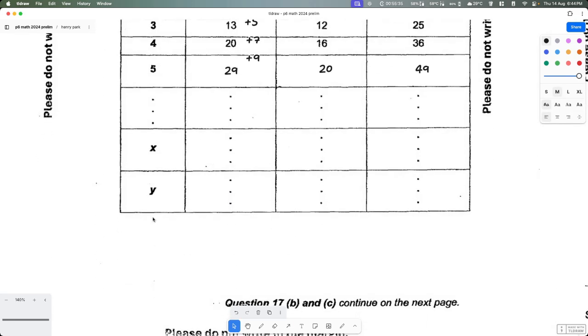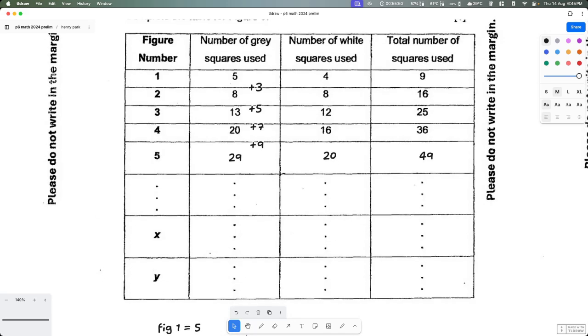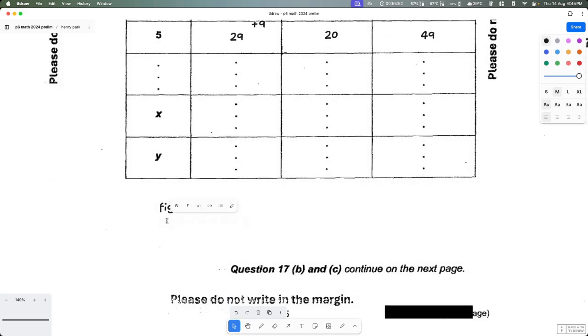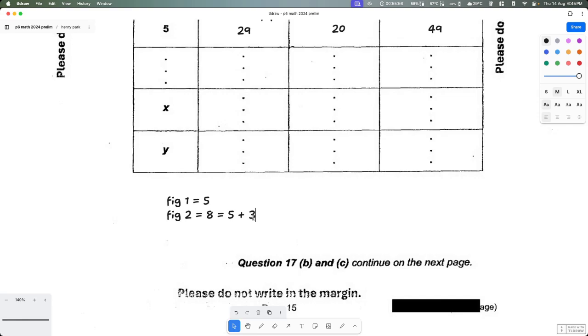So figure 1 is equal to 5, figure 2 is equal to 8, right? 8, which is equal to 5 plus 3. Okay, then figure 3 will be 13.